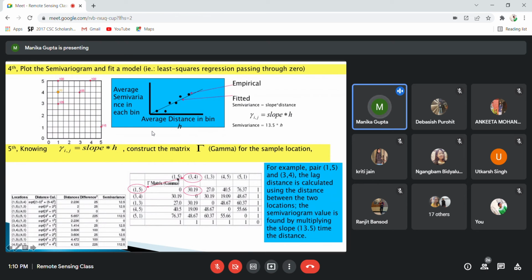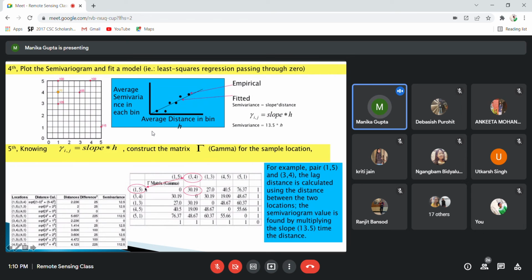We put all the 5 known points and we multiply with the slope. So slope into h. What would be the h value here? The distance between that location and the point. You get the slope from this fitted line here. So slope into the distance.